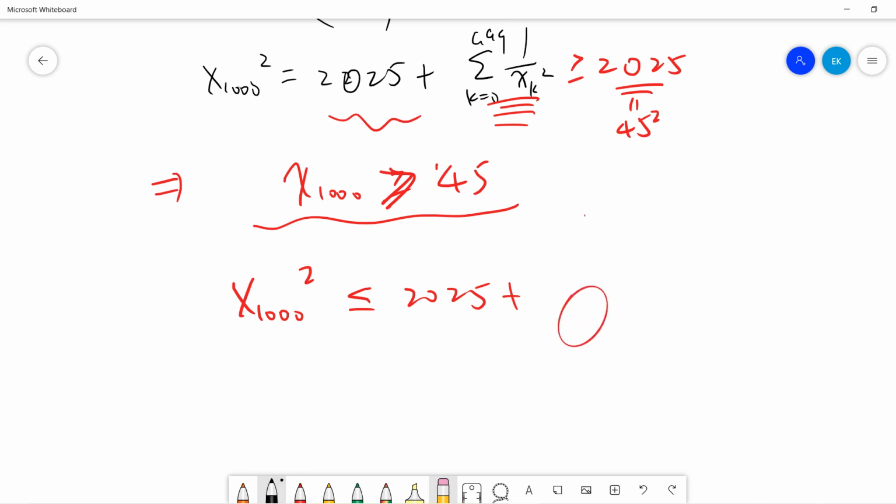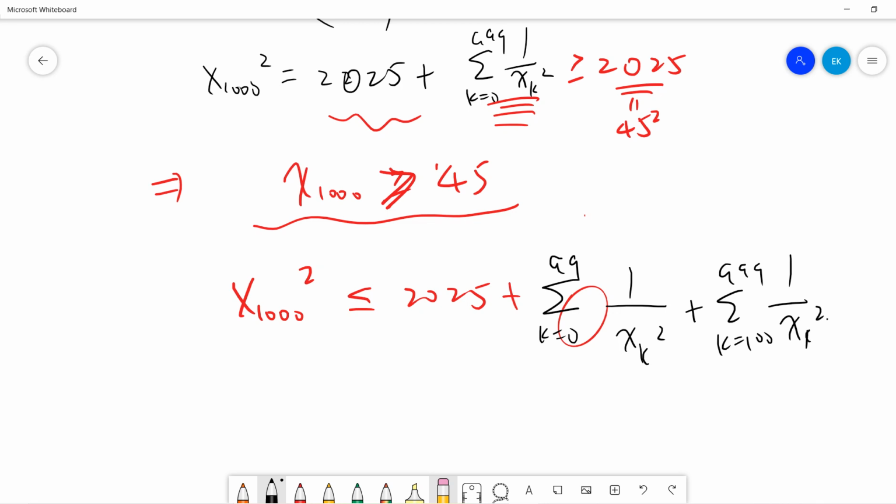So what I manage to do is to pick up the first terms separately: the sum for k from 0 to 99 of 1 over xk squared, plus the sum for k from 100 to 999 of 1 over xk squared. I do this because, to get this 0.1 bound, I need to know more about the magnitude of xk squared.